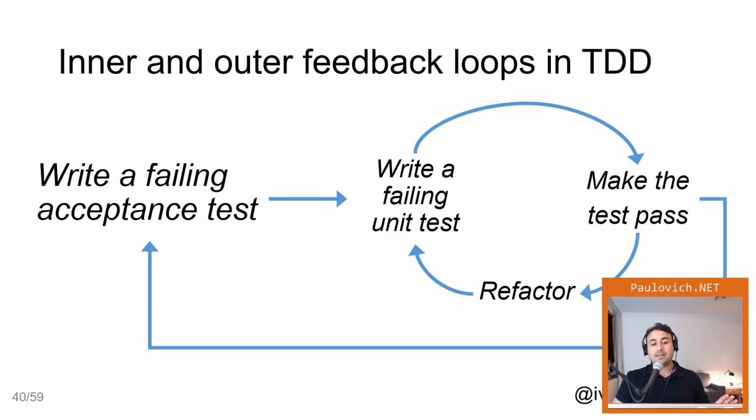So the basics of the workflow are: you create a failing acceptance test for your intent, and then you create failing unit tests, then make the tests pass and refactor, and you do this inner loop as many times as necessary until the failing acceptance test starts to pass.